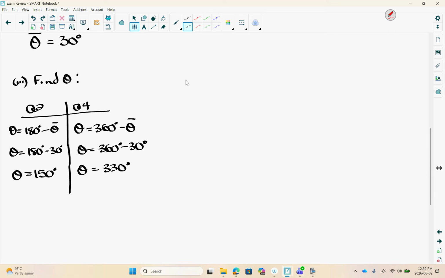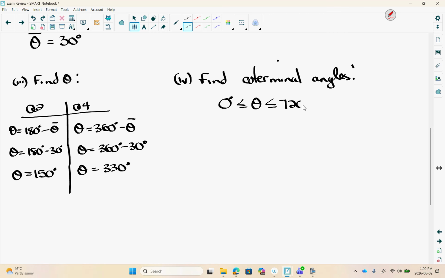The last move is to find any coterminal angles, and they have to fit between this domain. They got to be greater than or equal to 0 degrees, but less than or equal to 720 degrees. How do you find coterminal angles when you're in degrees?